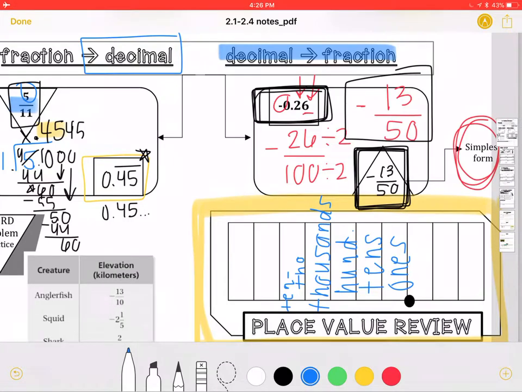After our ten thousands comes our 100,000s, and then our last one, as far as I'm going to have you go today at least, is the millions.